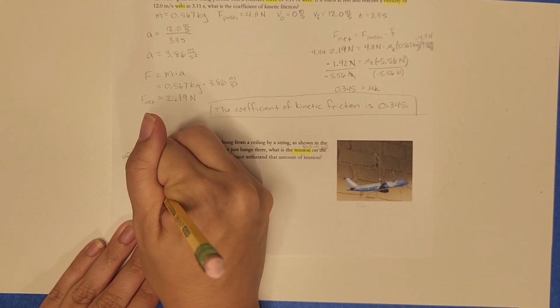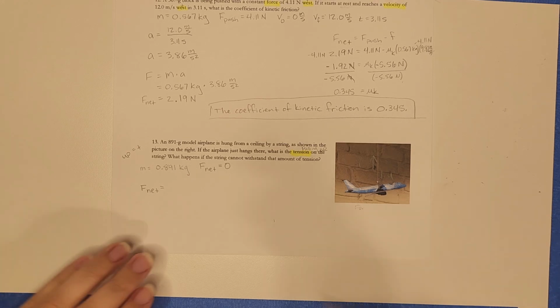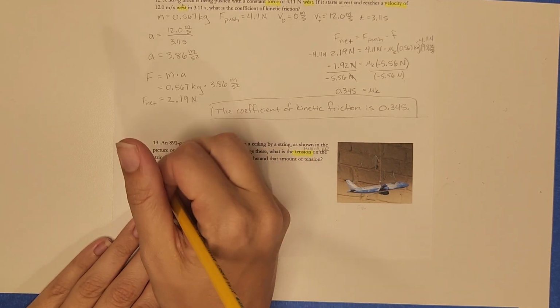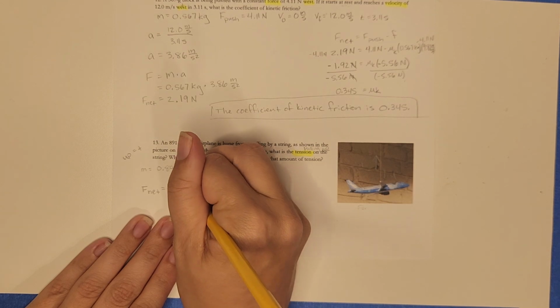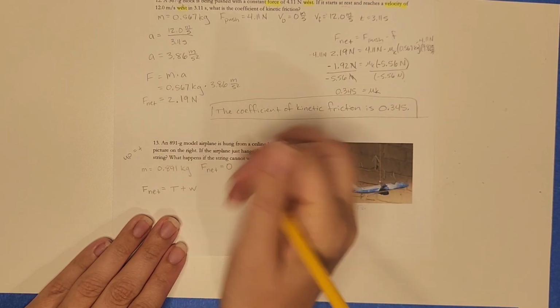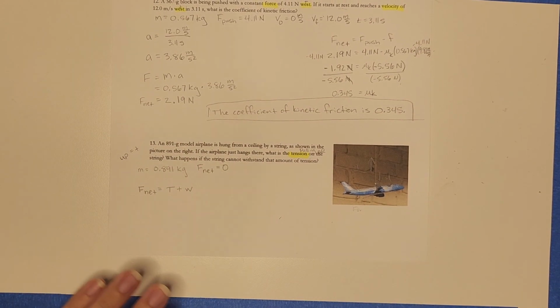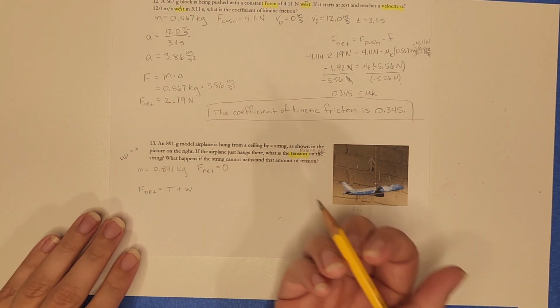We have the net force, and that is the combination of this tension and the force due to gravity. So this net force is tension plus the force due to gravity, known as weight, because it's the combination of mass times gravity.